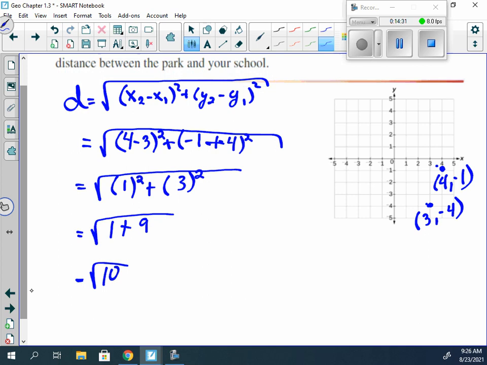Can we take the square root of 10? No, there's not two numbers that multiply together to give me 10. Does 10 have any factors that are perfect squares? 1 is a perfect square, 1 times 1. 4 is, because it's 2 times 2.